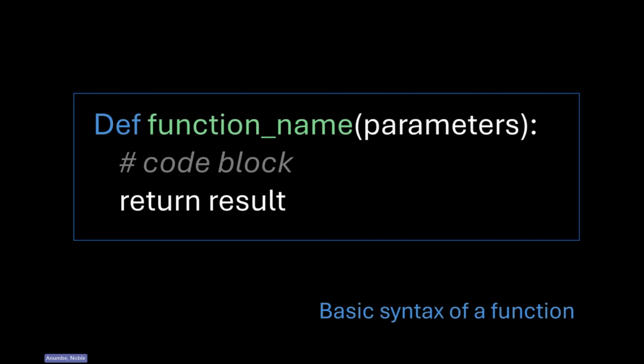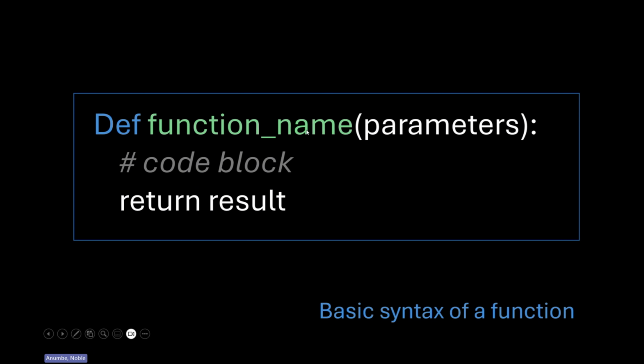Even though we've already gone through this, this is the basic syntax of a function, which is def, your reserved name that you use to say, hey, I'm about to create a function.